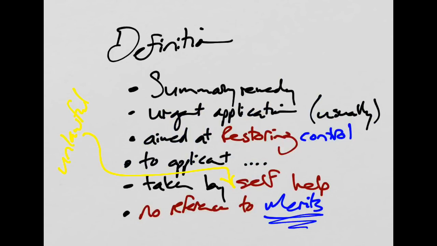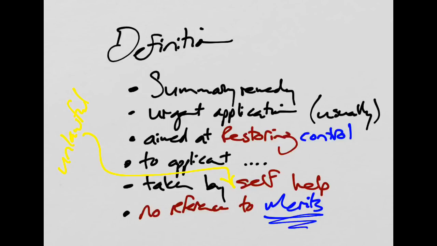Right, first off, definition. The spoliation remedy is a summary remedy, usually issued upon urgent application, aimed at restoring control of property to the applicant from whom it was taken by means of, and very important, unlawful self-help.